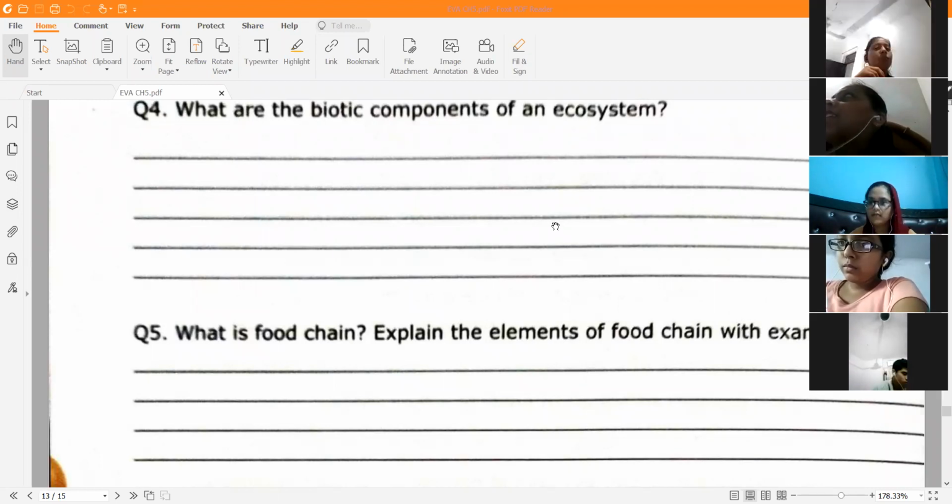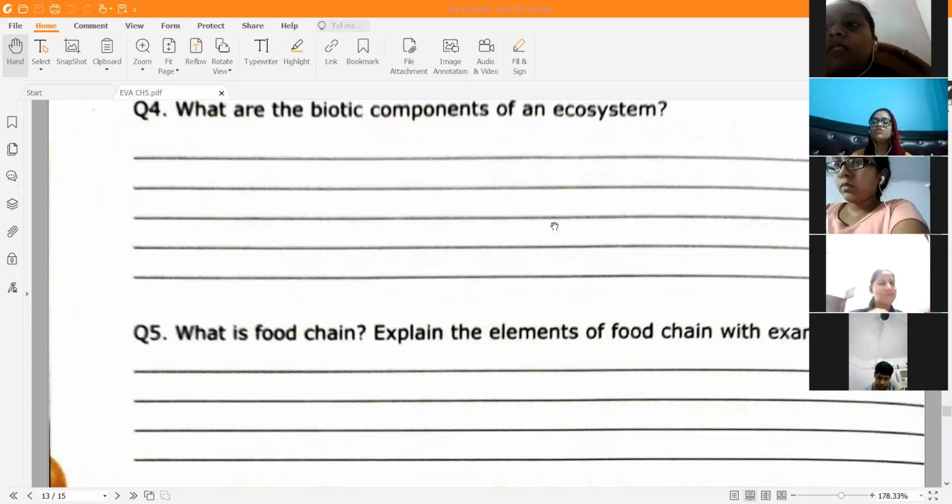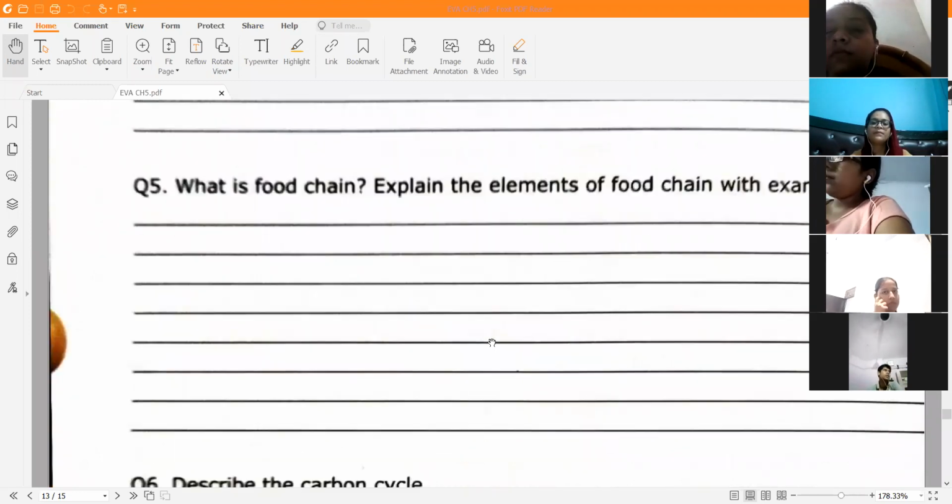It's not that they always eat dead animals, but yes, their job is to clear the earth of the waste and dead remnants, right? But still, they eat living organisms also. They catch small rats and mice, and they eat those, right?